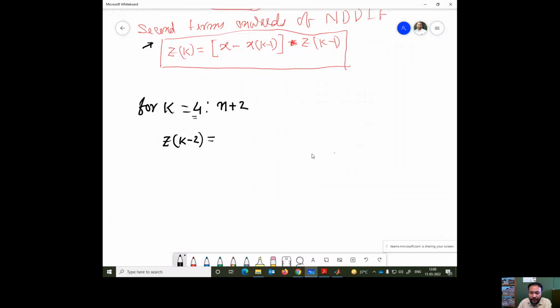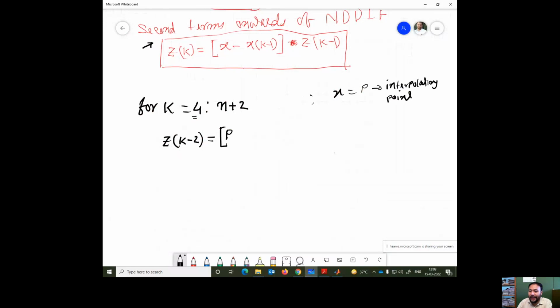Zk minus 2 is equal to, for example, instead of x, I put p here. What is p? This is the value of x. Here x equal to p means this is called the interpolating point.